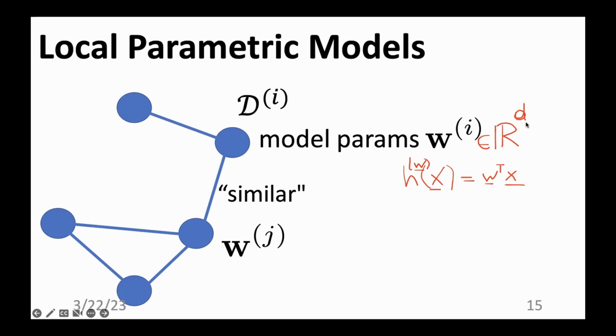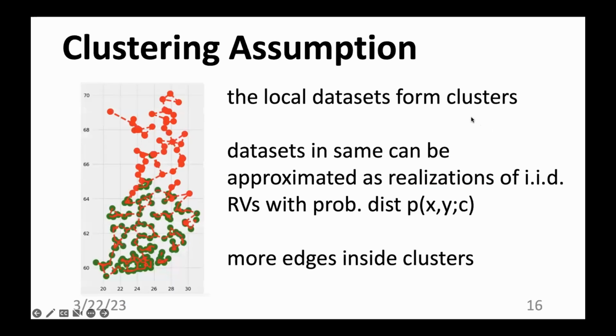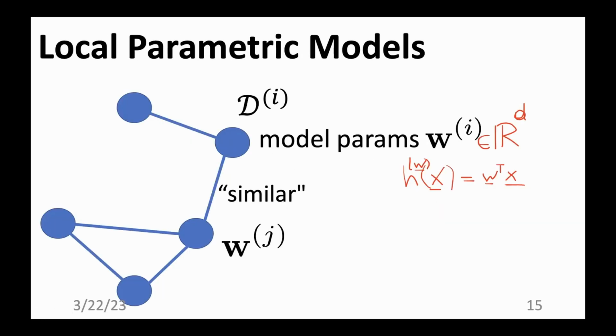This is a bit of a restriction, but the ideas and techniques that we develop for parametric models can be generalized in a straightforward fashion to non-parametric models. What would be a non-parametric model, by the way?